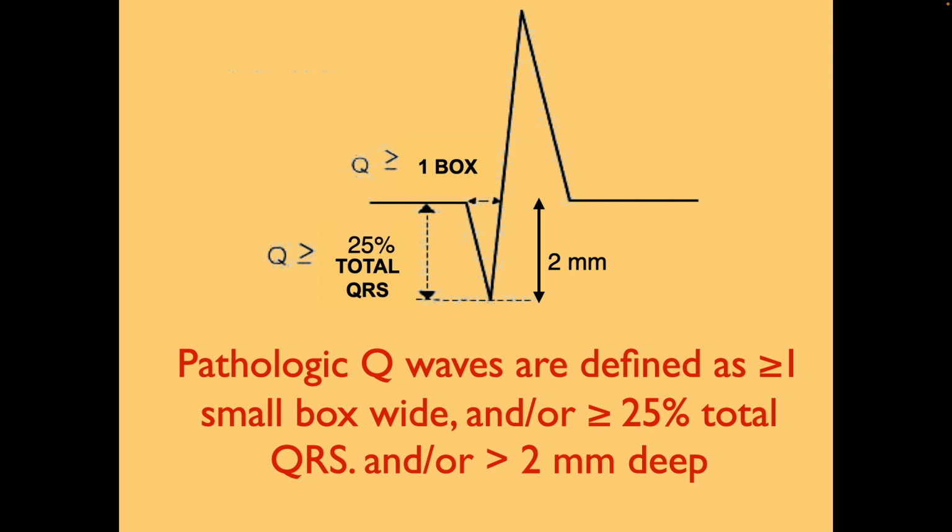The other measurement is if you measure the total amplitude from the very bottom to the very top of the QRS, and then measure the depth of the total Q. If this is greater than or equal to 25% of the total, that's too large. And then finally, much simpler, is the Q wave greater than 2 millimeters. It doesn't have to be all of them, it just has to be one of those.